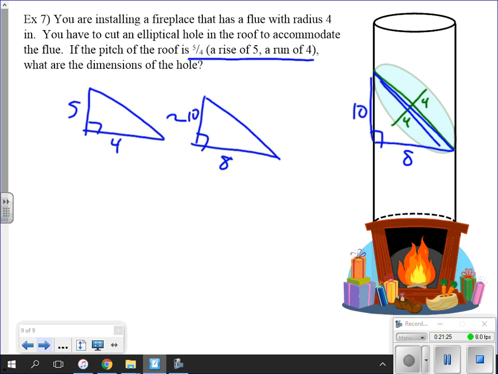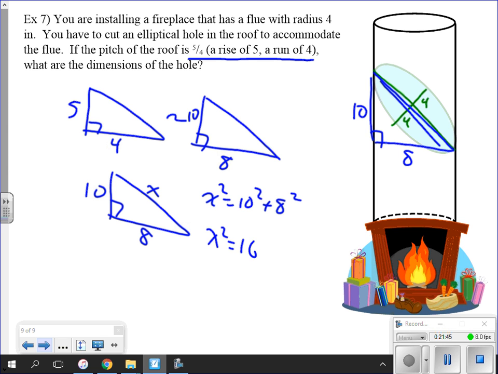So, gee, how might I figure out what that one is? X squared equals 10 squared plus 8 squared. X squared equals 164. X equals 12.81.